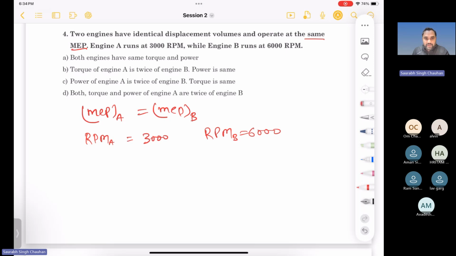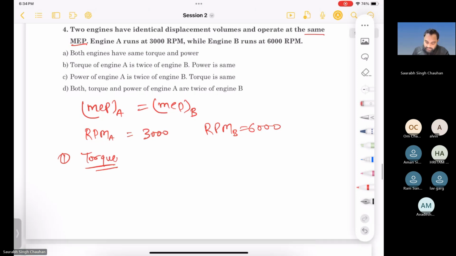We have to tell about power and torque. Let us start with torque. Let us say that torque of engine A is TA and torque of engine B is TB.